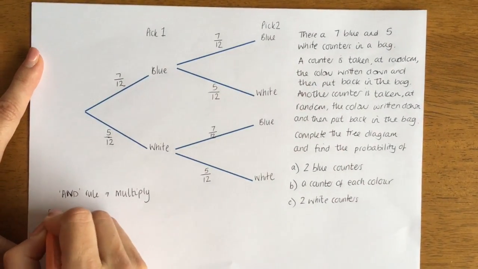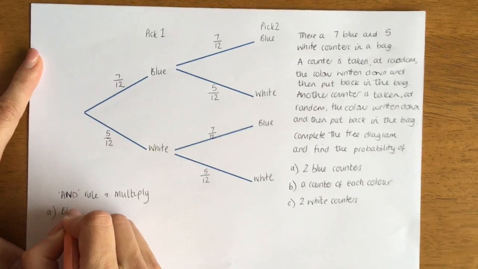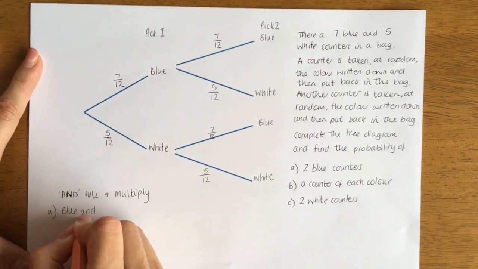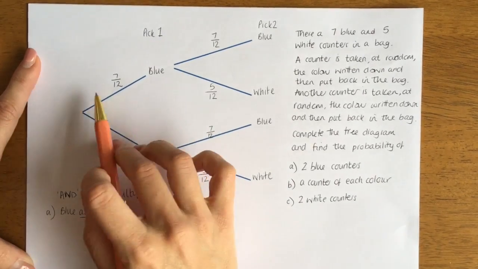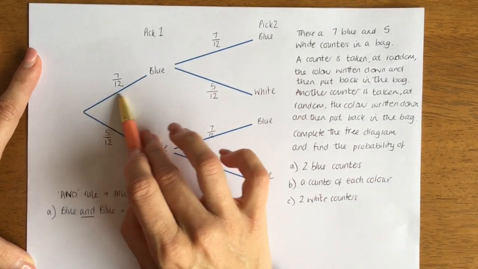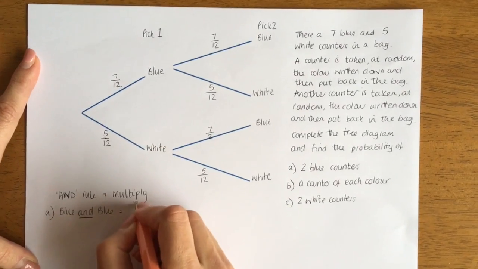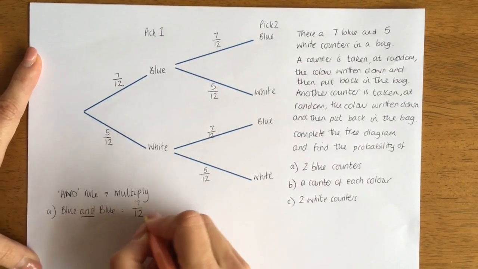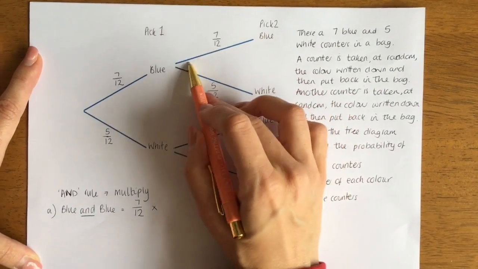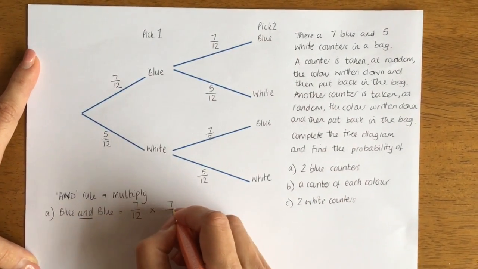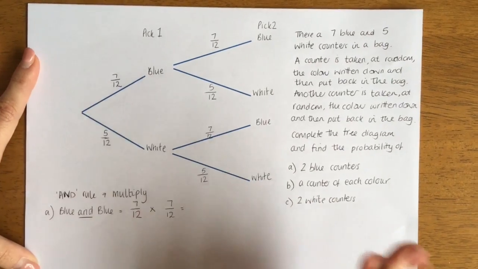So A is blue and, there's that word, and blue. If we follow the tree diagram, the probability of picking a blue, first of all, is 7 over 12. And then I'm going to multiply it. What's the probability of picking a blue here? Again, 7 over 12.